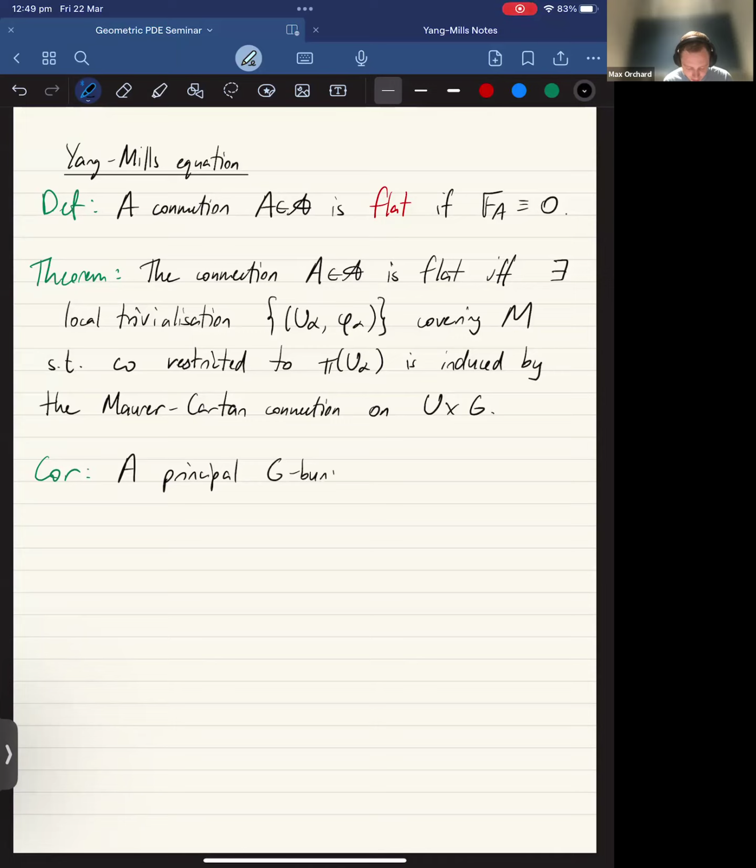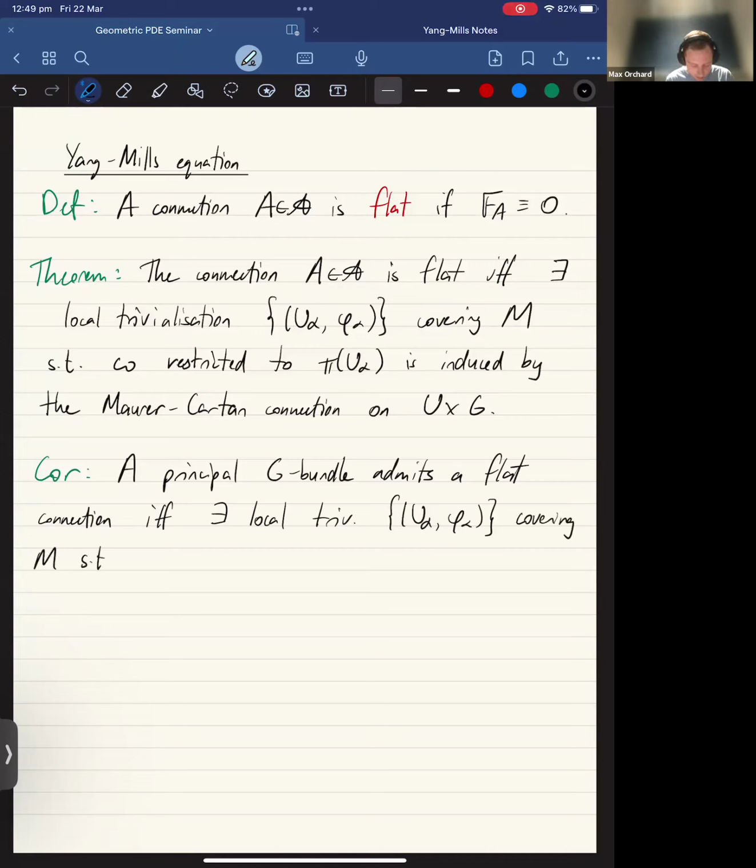A principal G bundle admits a flat connection if and only if there exists local trivializations U alpha, phi alpha covering M such that the transition functions that go from these intersections to G are constant.